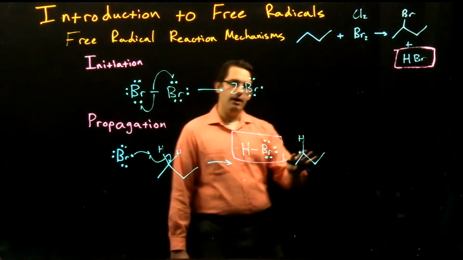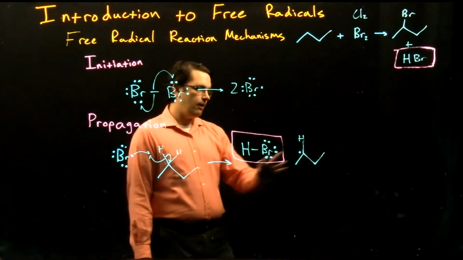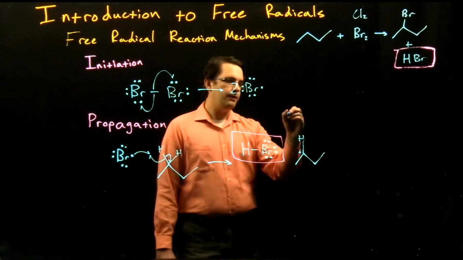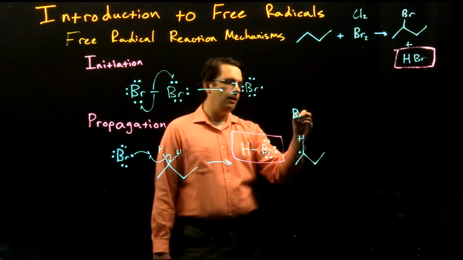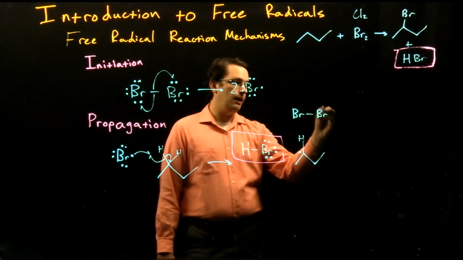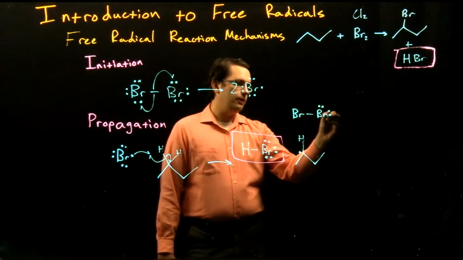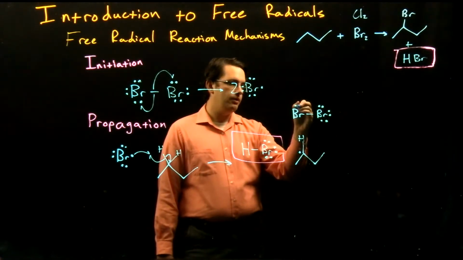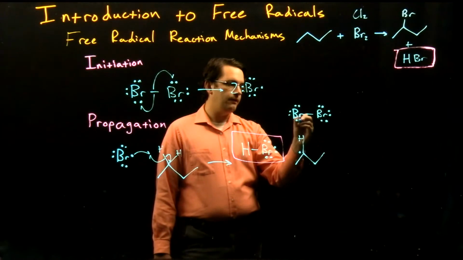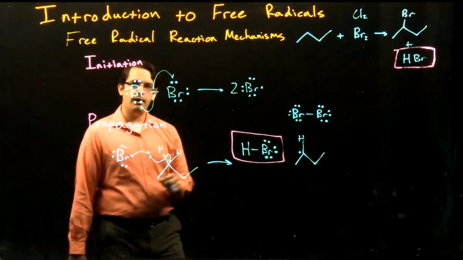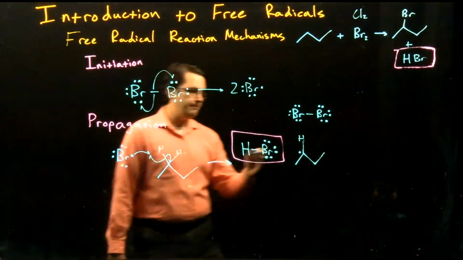Once we have our free radical here, our alkyl radical, this can react with a second unit of our diatomic halogen. So here's our diatomic halogen. Remember, of course, this bond is quite happy to break apart in that homolytic fashion.